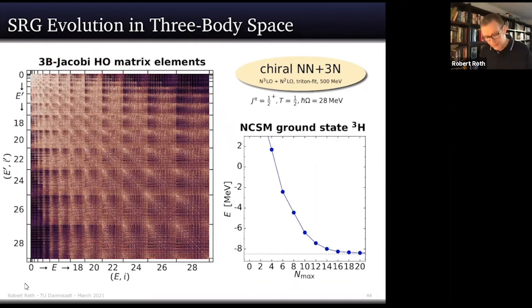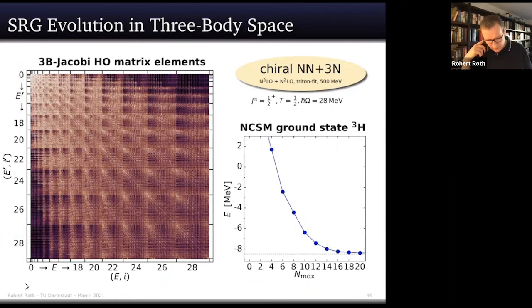This is related to the arrangement of my basis states here. I sorted them with respect to the principal quantum number of these harmonic oscillator three-body states. That's just the energy quantum number of the three particles in a harmonic oscillator, the total energy at the oscillator level. And it goes all the way from 0 here to 28 here.